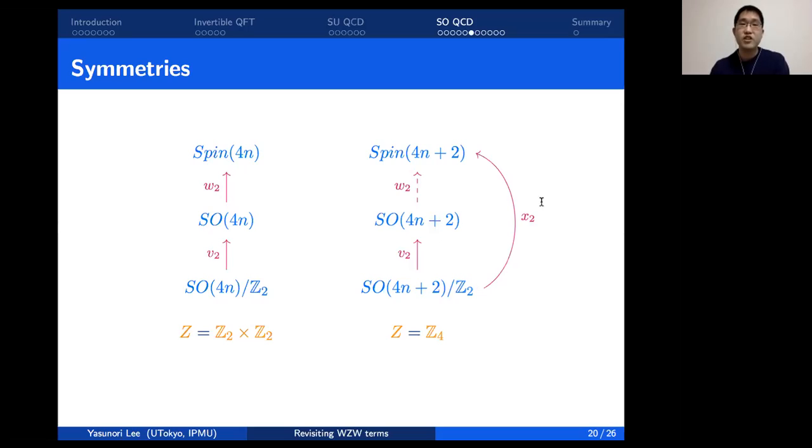But even when X2 is not trivial, one still has a chance to lift it to an SO bundle if V2 is trivial, or equivalently, if X2 is trivial mod 2. Furthermore, one can define an object corresponding to W2 on this side too. But it turns out that there's a non-trivial relation between this W2 and V2, as opposed to the Spin(4n) case on this side.